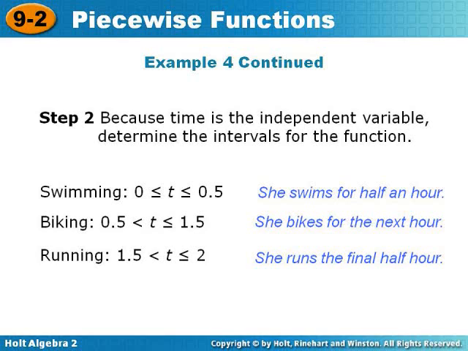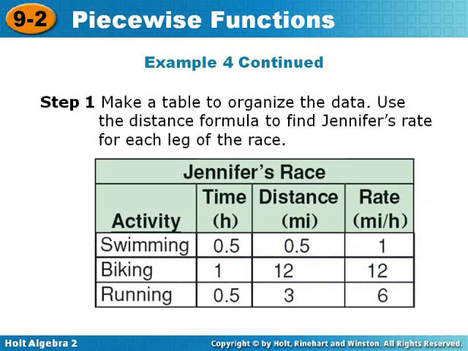The next thing you need to do is make the coordinates of the places where her pace changes. In order to do that, you look back at the table and you know she starts at 0, so that's your first coordinate, and she ends at 0.5, 0.5. Notice that time is your x-axis and distance is your y-axis, so swimming ends at 0.5, 0.5.